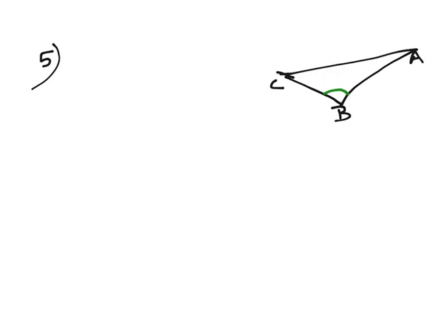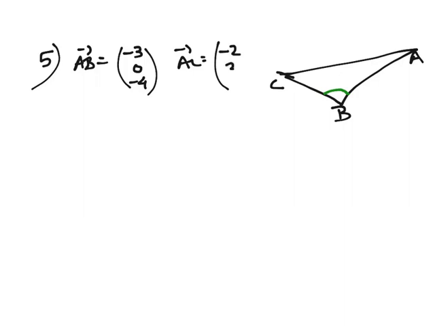That means the angle B is more than 90 and less than 180 degrees. Okay. Now you are given AB, which is (minus 3, 0, minus 4), and also AC, which is (minus 2, 2, minus 6).